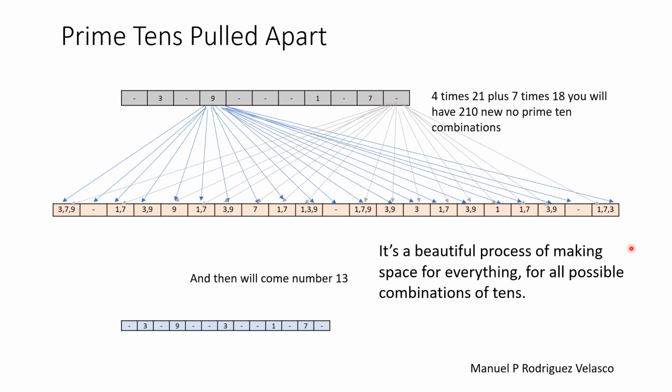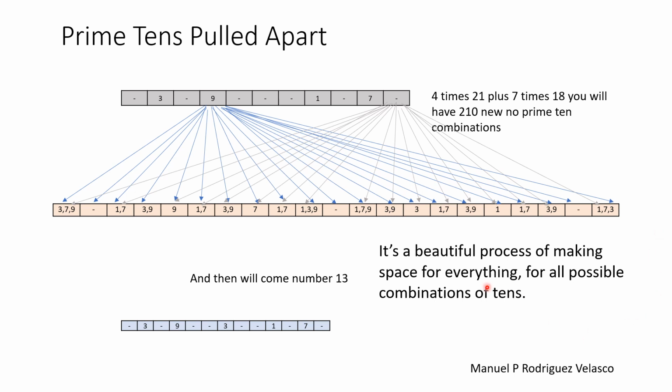So you're gonna have 210 new non-prime tens combinations. And we can remember that you're gonna have only 21 prime tens combinations, the 7 of the cycle of 11 and the 3 prime tens of the cycle of 3 and 7. It's a beautiful process of making space for everything, for all possible combinations of tens.